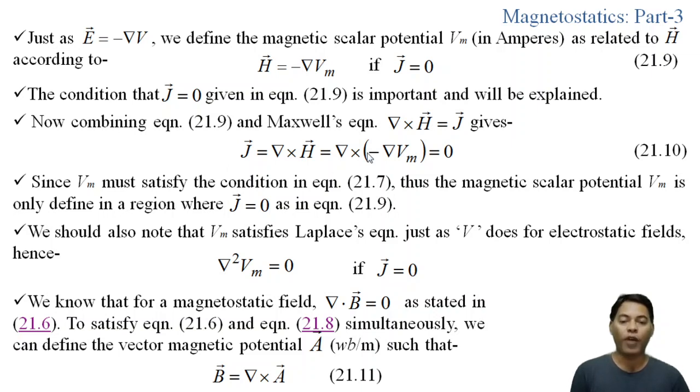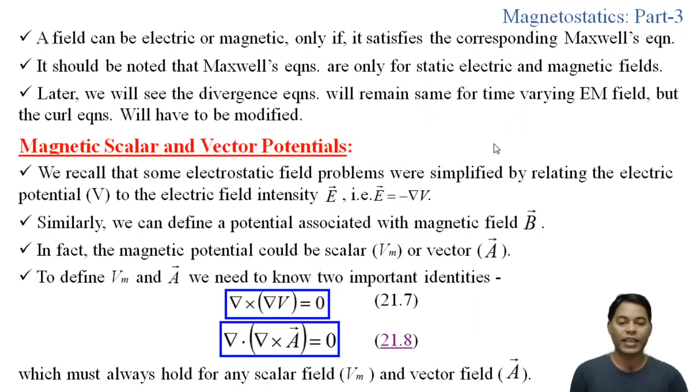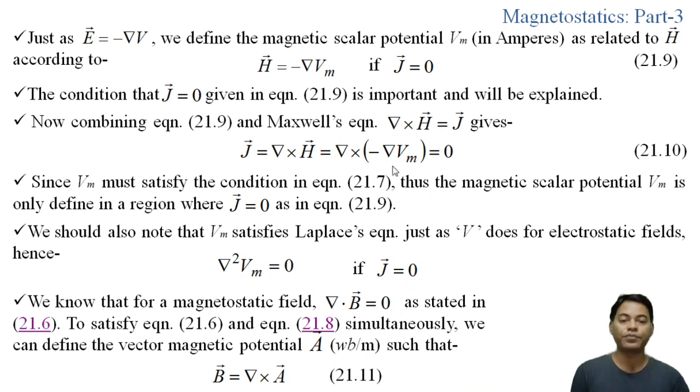So to define H equals minus grad Vm, we must consider J equals 0. Since Vm must satisfy the condition in equation 21.7, the magnetic scalar potential Vm is only defined in a region where J equals 0, as in equation 21.9.